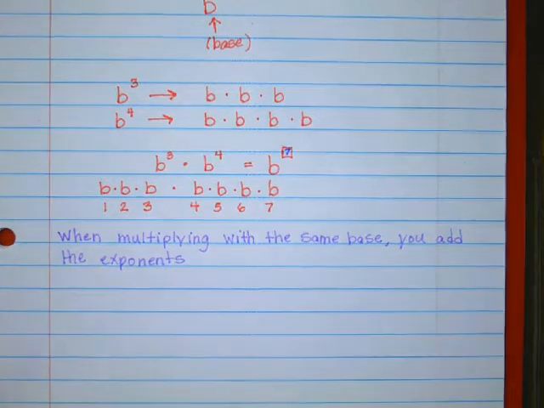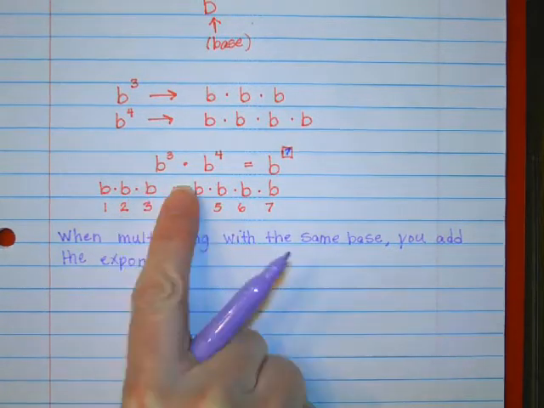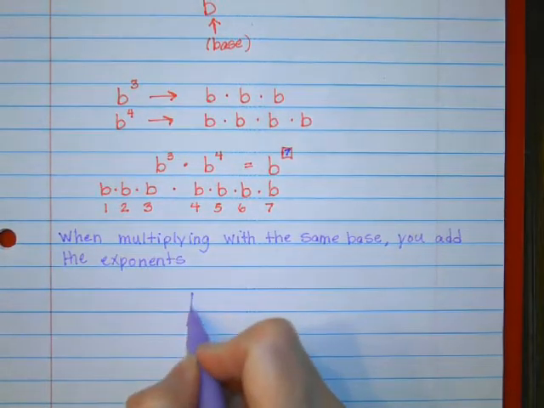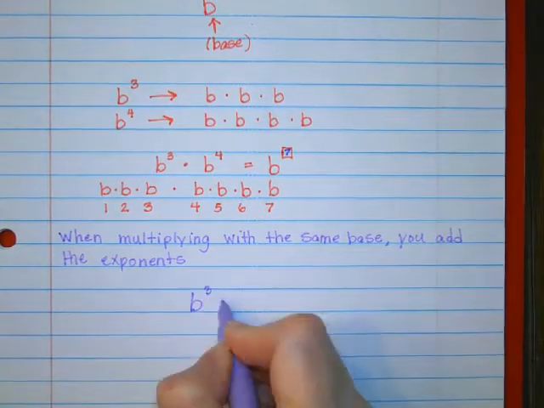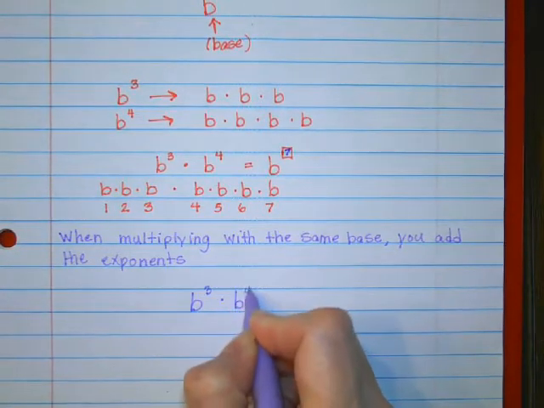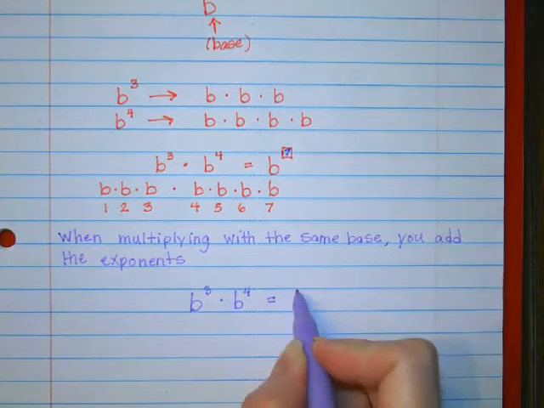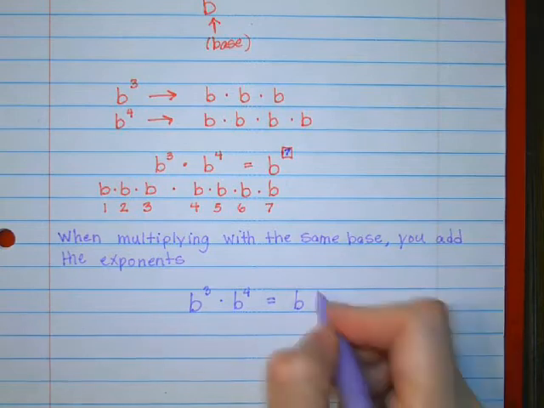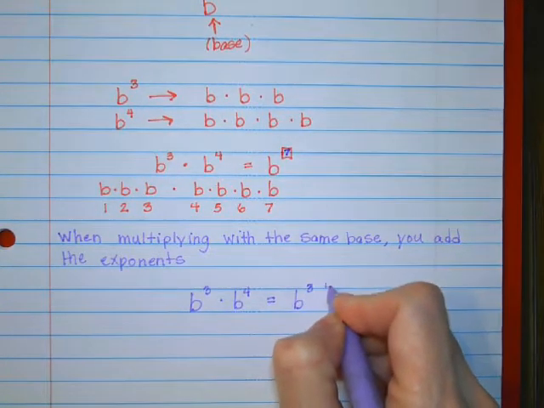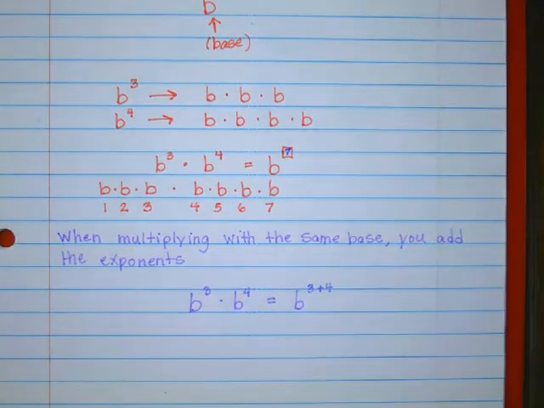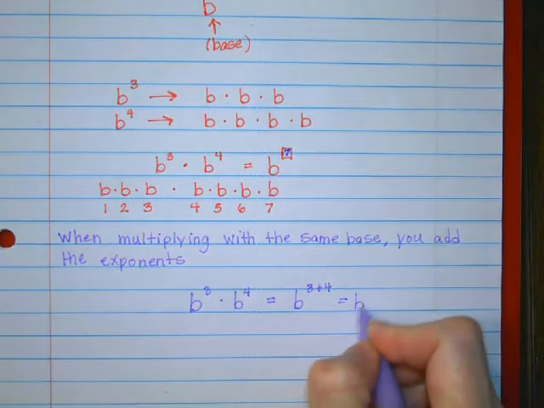We're going to show that again using the same setup. If we took b to the third times b to the fourth, since they both have the base of b, we take their exponents, 3 and 4, and add them together. 3 plus 4 is equal to 7.